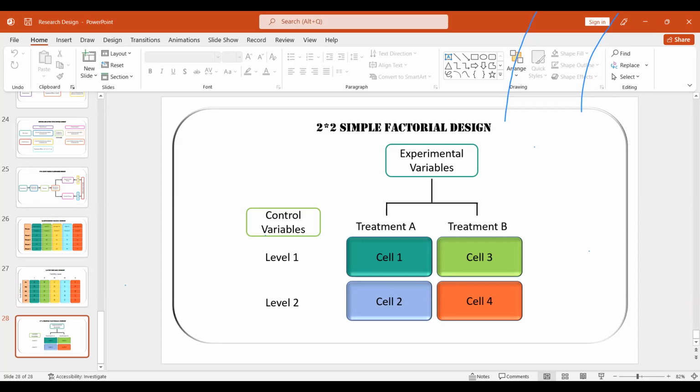The means for different cells may be obtained along with the means for different rows and columns. The means of different cells represent the mean score.